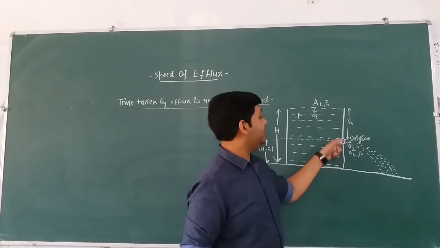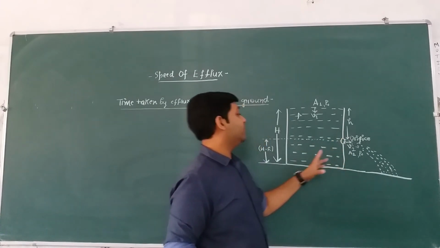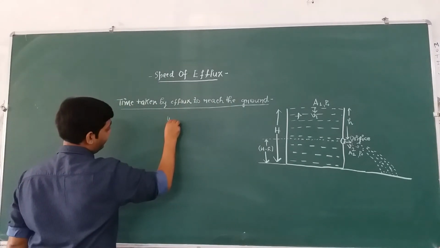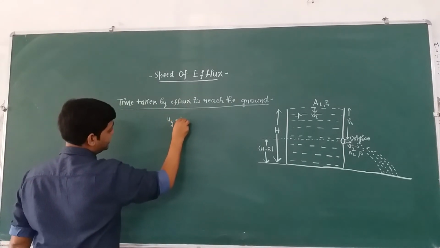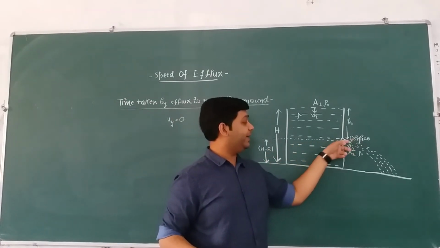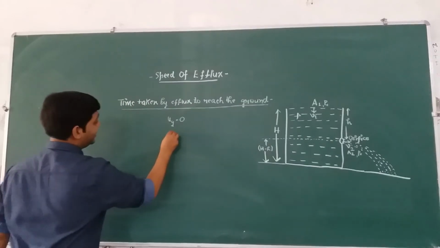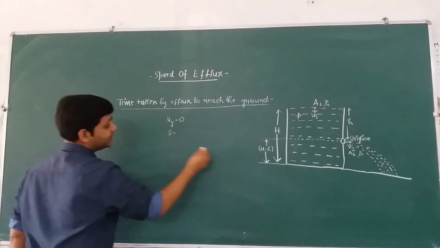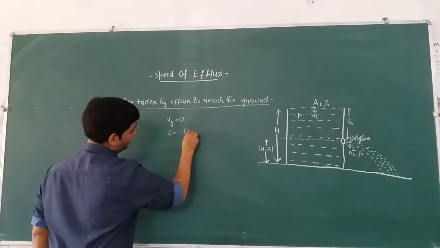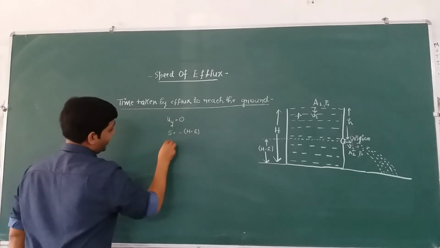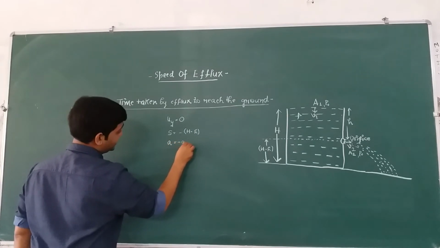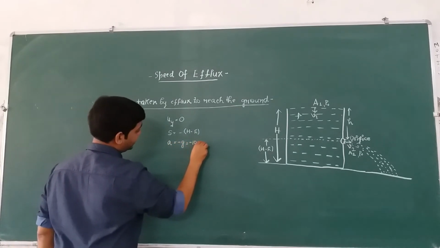We will consider the motion in the y direction of the efflux. The initial velocity of the efflux in the y direction will be 0 because it has velocity only in the x direction, and the distance that it has to cover is minus of h minus h, and acceleration will be acceleration due to gravity, which is minus g.